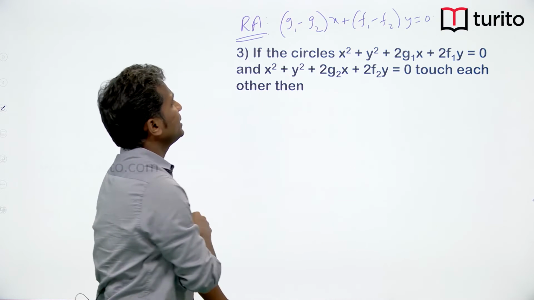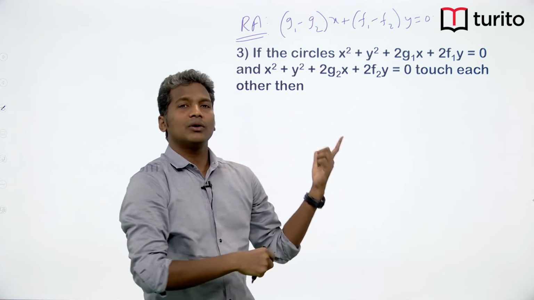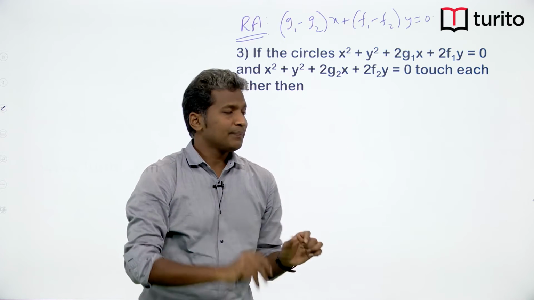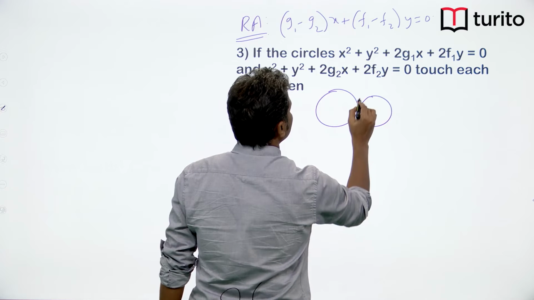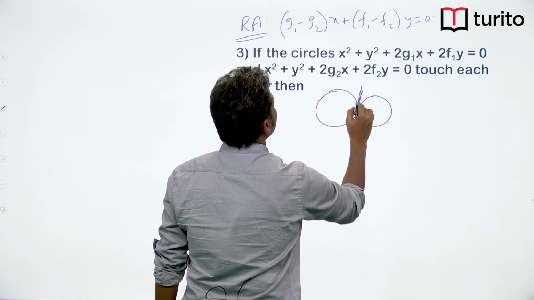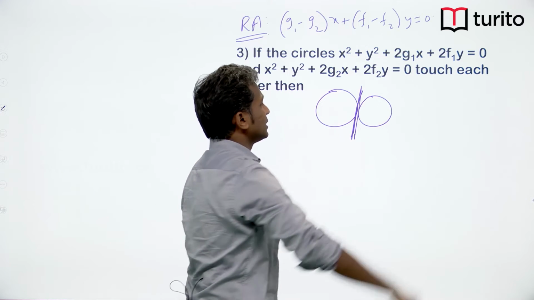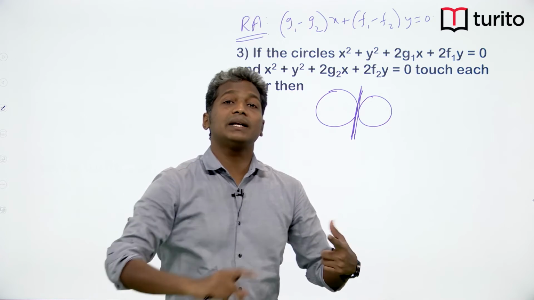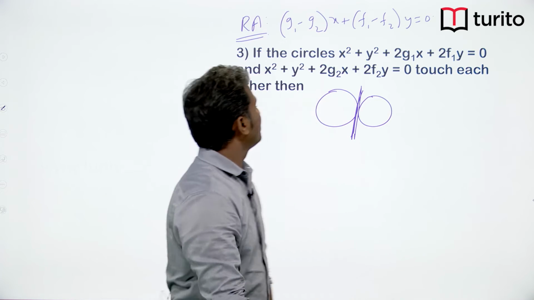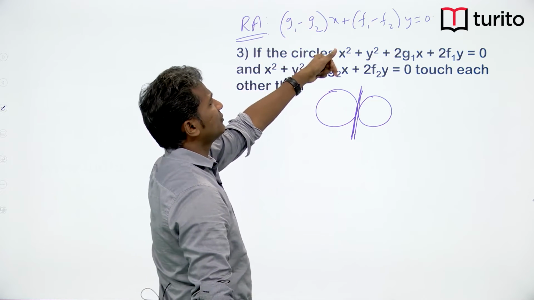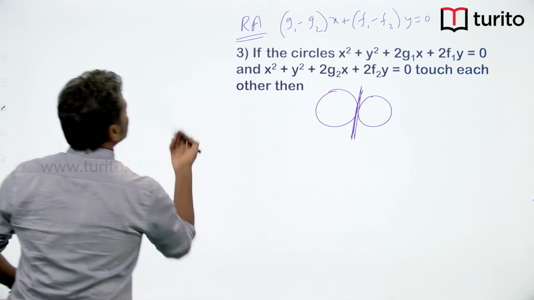Now, this must be the common chord or the common tangent of the circles, but because here the circles are just touching each other, when I solve the same line with any one of the circles, I must not get a second solution, I must get only a unique solution. So, let us say from here I substitute for y. What do I get?